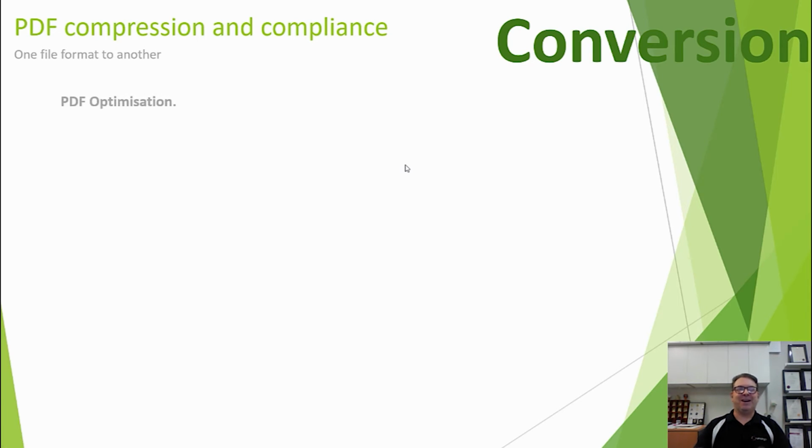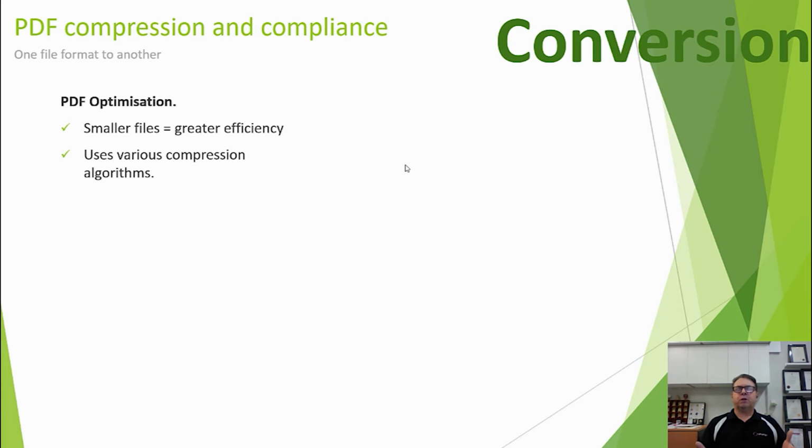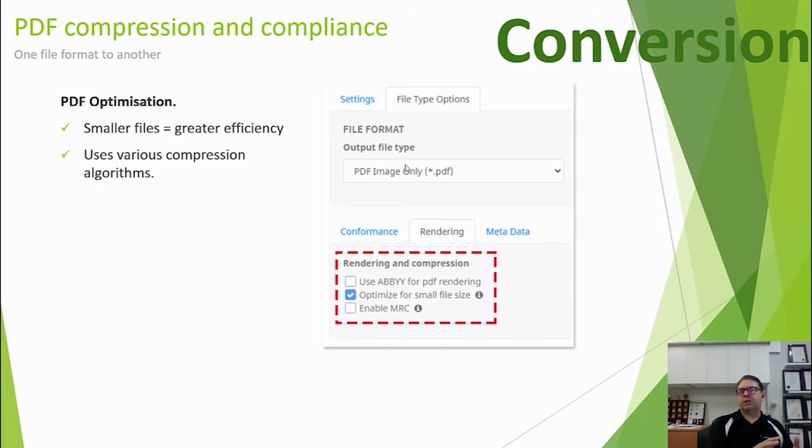Okay, we're progressing through my categories, if you like. So conversion. Conversion, of course, is taking a file from one type and converting it into another. And we've mentioned disparate file formats and things of that nature. But another feature around conversion is that we have some pretty amazing algorithms built into Umango to convert and minimize the file size, and also maintain the quality or the integrity of the document as well.